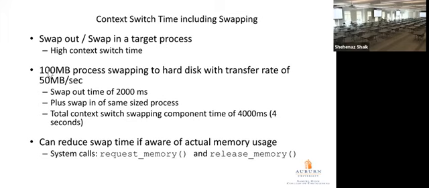Let's say we have another process of about the same size, 100 MB, and we swap that in, which will take another 2 seconds. So the overall transfer time for swap out plus swap in would be 4 seconds.